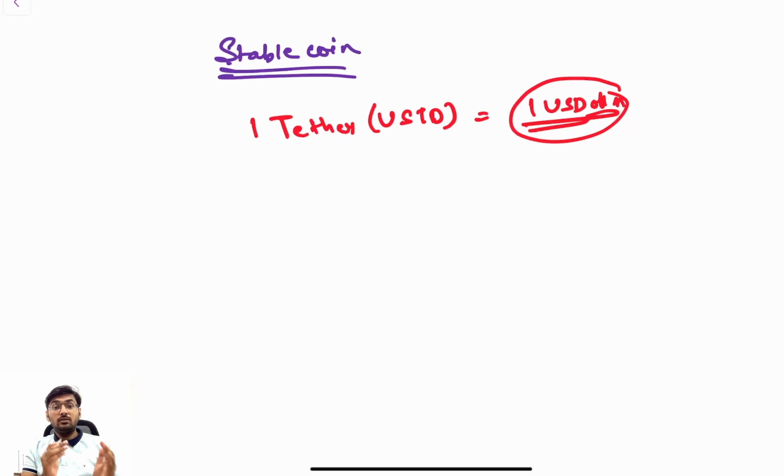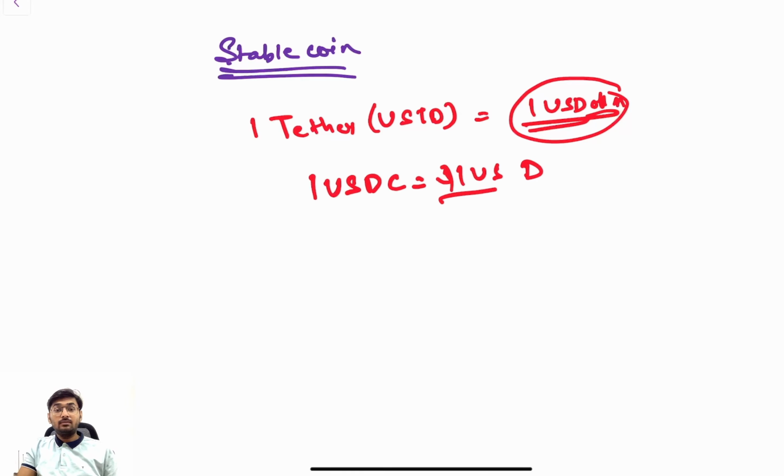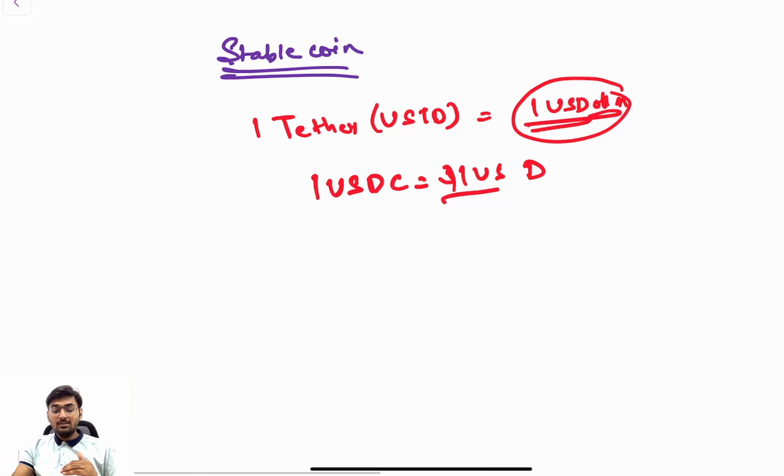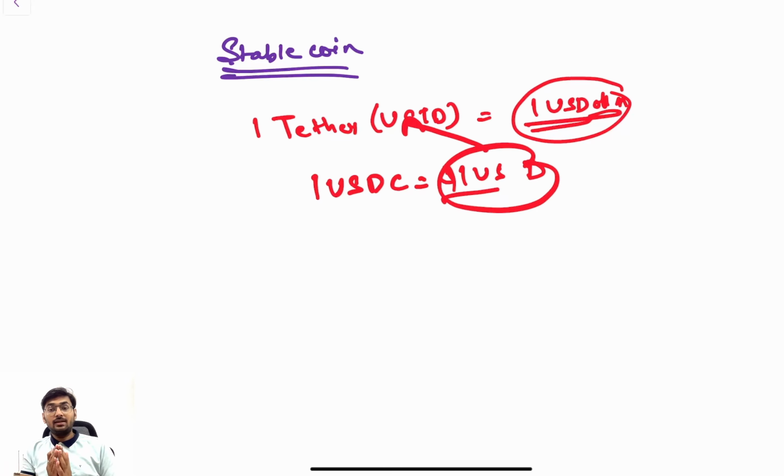So one USDC, another coin, is equal to $1. Clear? It will maintain that level, so that if the price of the dollar is increasing or decreasing, then the value of the coin is also increasing or decreasing. So now you can receive or pay this coin without worrying about the price going up and down. Clear? Are you clear with this?